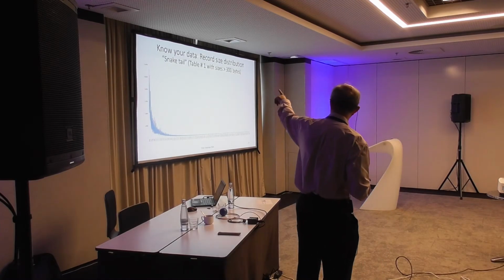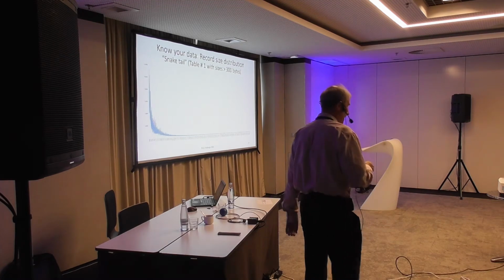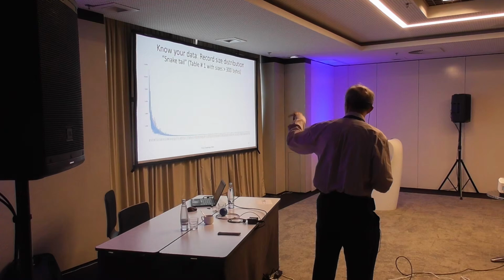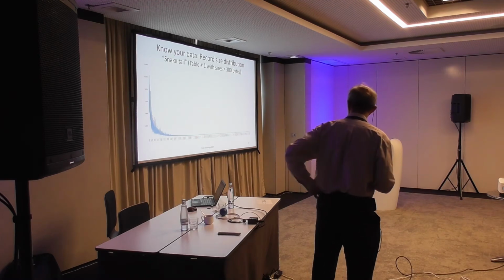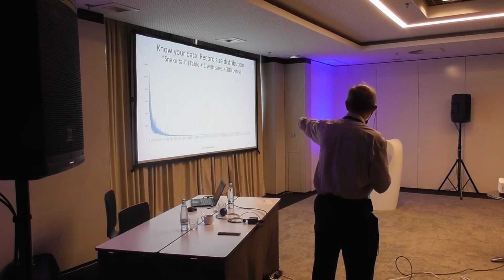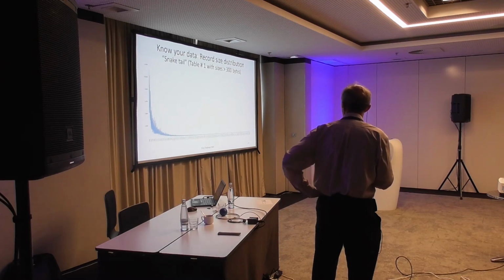I took this note from Tom, know your data. So this represents the table and the record sizes that are diminishing, and we can safely ignore them because there are very few of them of big sizes.